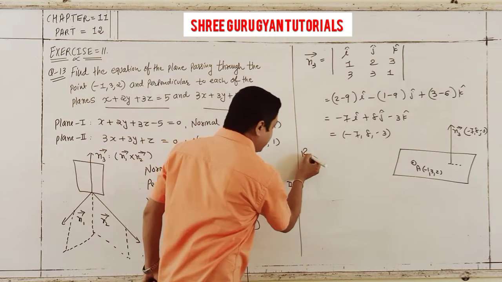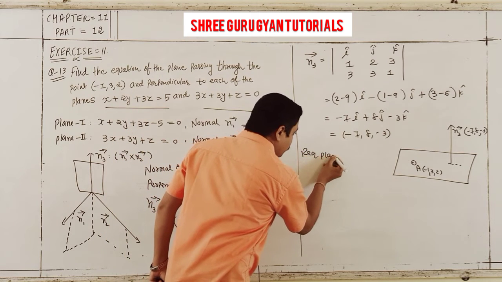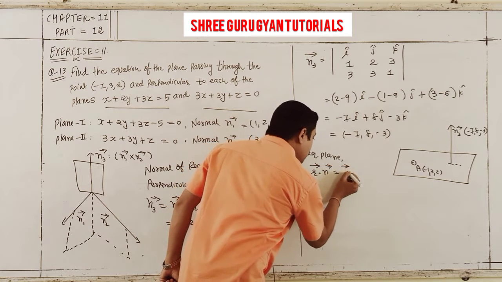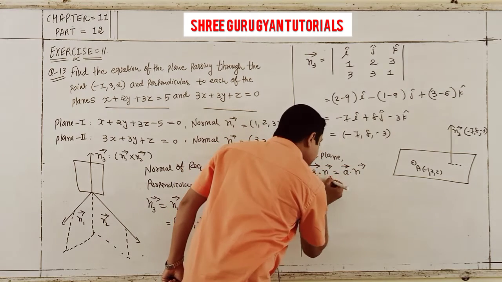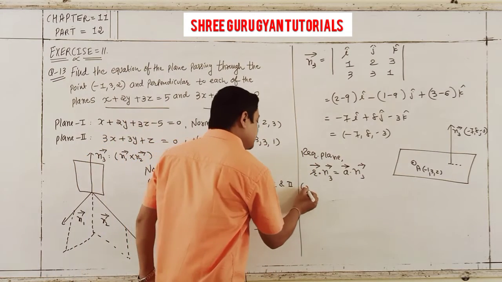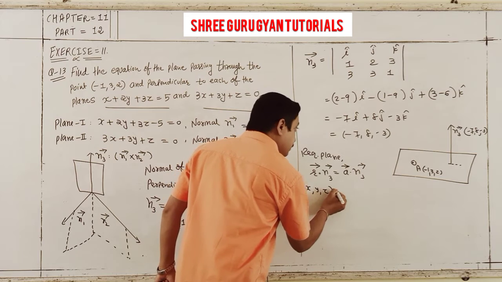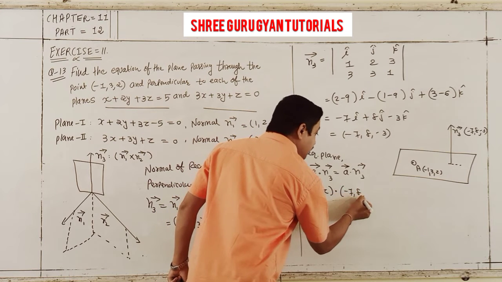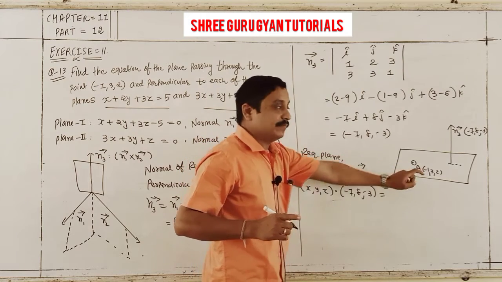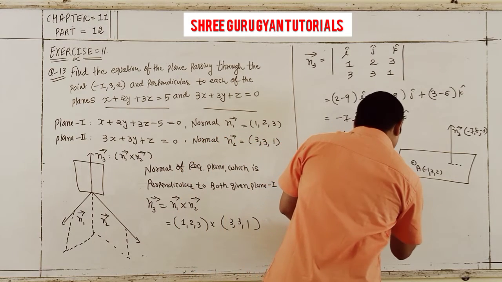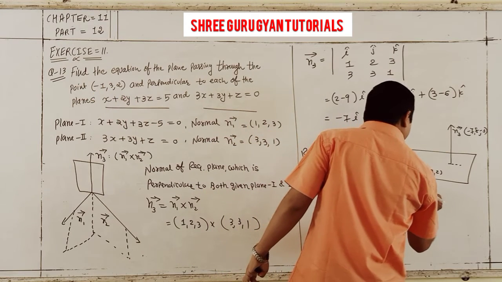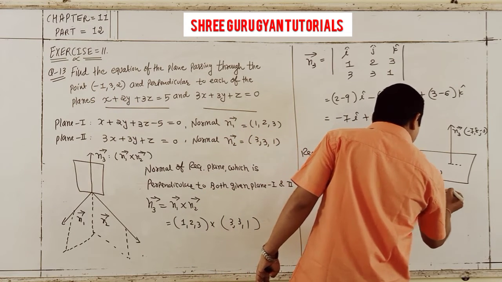So the required plane is very easy: r dot n is equal to a dot n. Here n is n3, r is x, y, z, and n3 is minus 7, 8, minus 3. A is the point the plane passes through, minus 1, 3, 2, already given in the question, and n3 is minus 7, 8, minus 3.